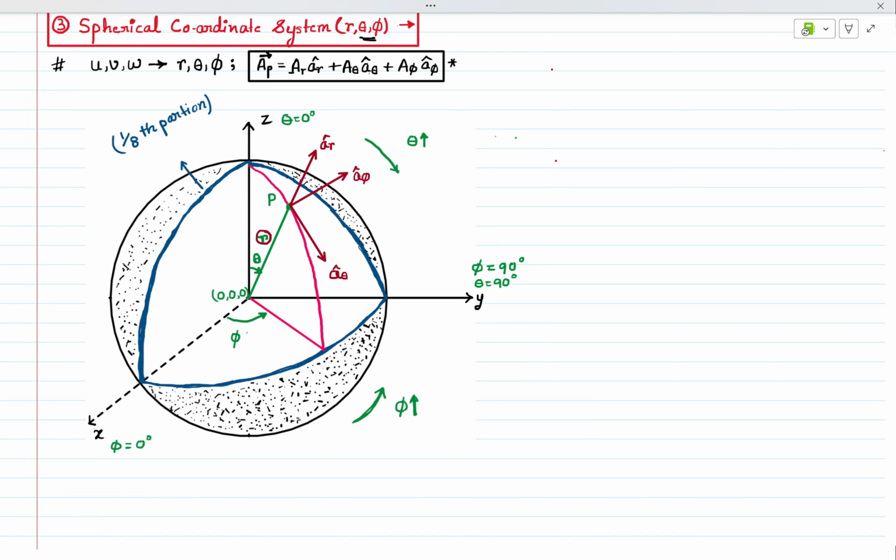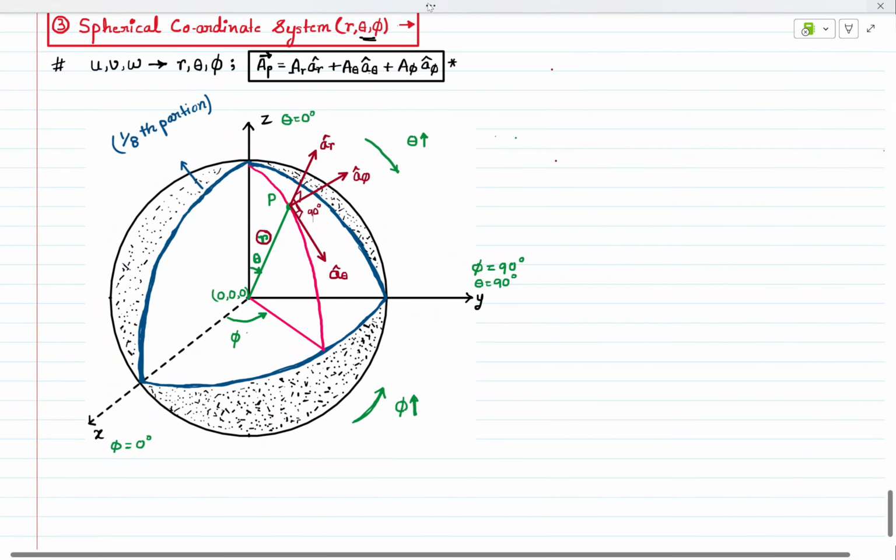That is, phi will be like this. As you can see, these three are orthogonal to each other. There is a 90-degree angle between them, that means they maintain orthogonality.